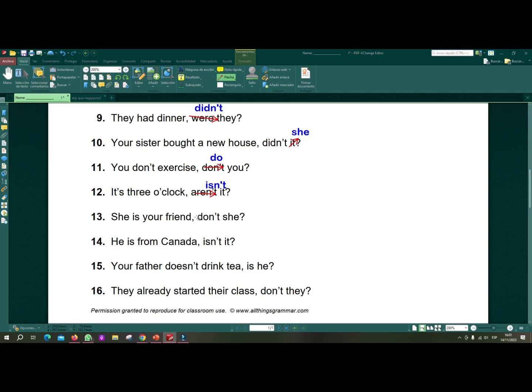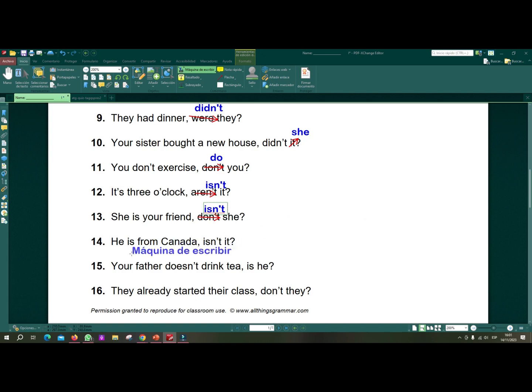Is. And so, in this case? Isn't. Remember. Isn't she? Because here you're using the verb to be. So, you need to use the verb to be also in the tag question. So, she is your friend, isn't she?